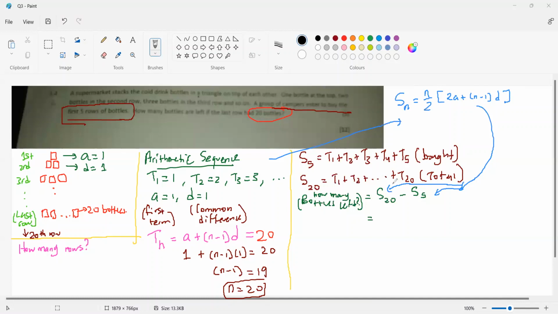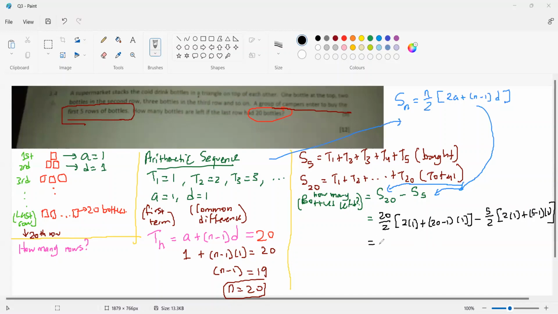So substituting: 20 over 2 times (2a, a is 1, plus 20 minus 1, d is 1), minus 5 over 2 times (2 times 1, plus 5 minus 1, d is 1).